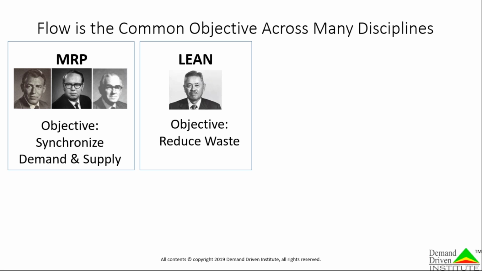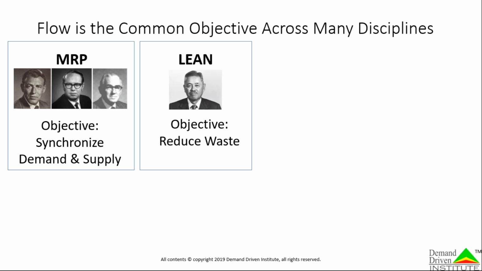They're kind of the founding fathers of MRP. If we look at lean, we have Taiichi Ohno, where we could say that the objective is to reduce waste. Now, I know if you're really into lean, you're going to say, Chad, that's not the objective. The objective is much bigger. And I totally get it. Except, let's be honest, the way that lean has been sold in North America and Europe is that its objective is to reduce waste.